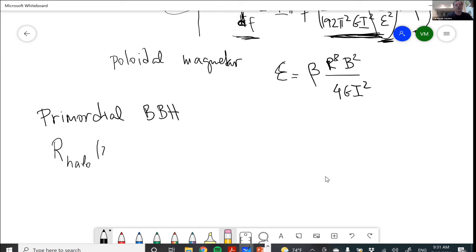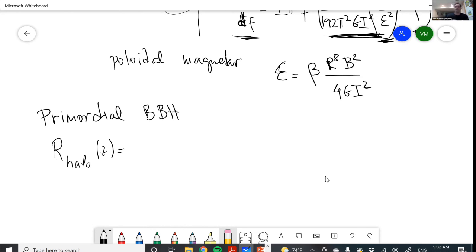Okay, so I think we're out of time. So maybe I'll stop here, and we can very briefly discuss it or finish the discussion tomorrow. Basically the idea is that because we're dealing with primordial black holes and not stellar black holes, the rate ends up not following the star formation rate.